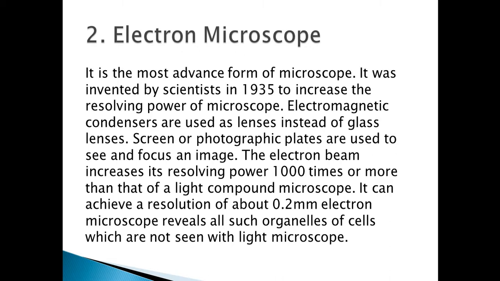Screen or photographic plates are used to see and focus an image. The electron beam increases its resolving power 1000 times or more than that of a light compound microscope. It can achieve a resolution of about 0.2 mm. Electron microscope reveals all such organelles of cells which are not seen with a light microscope.